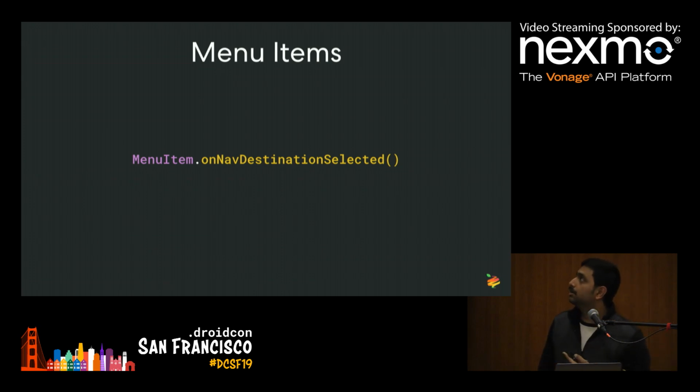Menu items: if you can make your menu item's ID and the destination's ID the same thing, then you can just say menuItem.onNavDestinationSelected, and that should open up the destination that you want. So if you can make the IDs the same thing, then it would work.